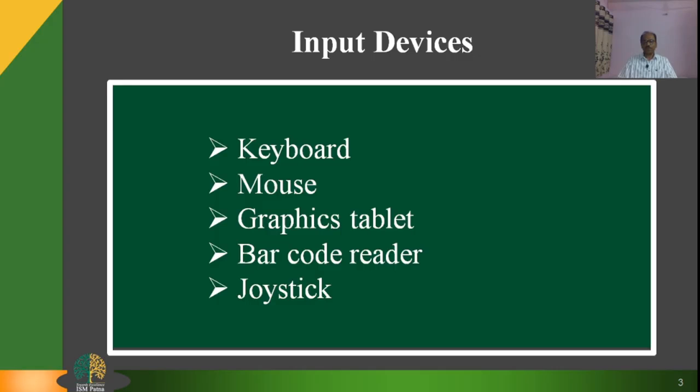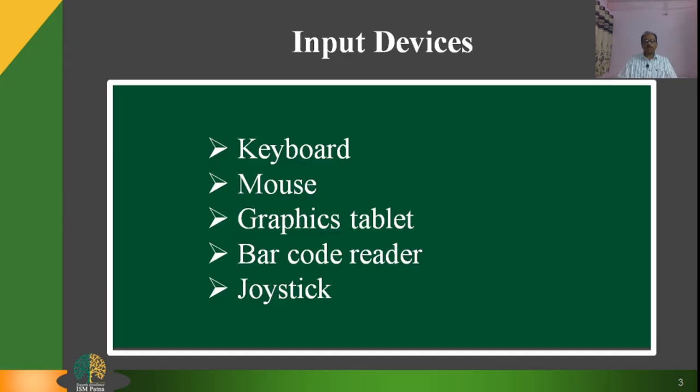The wireless keyboard provides us more freedom to use. In general, a keyboard has following keys: alphanumeric key set, punctuation key set, and a special key set like function keys, control keys, arrow keys, and caps lock keys, etc.